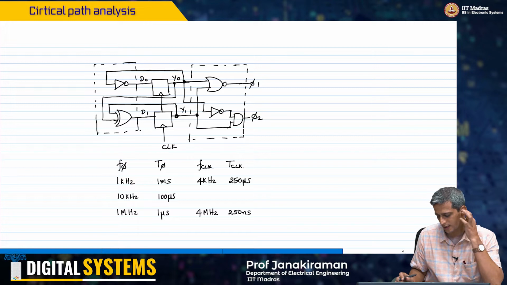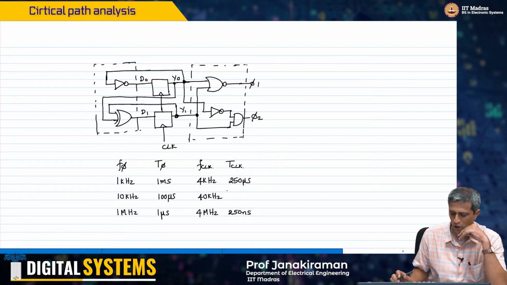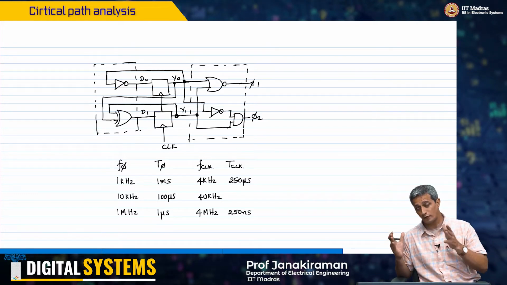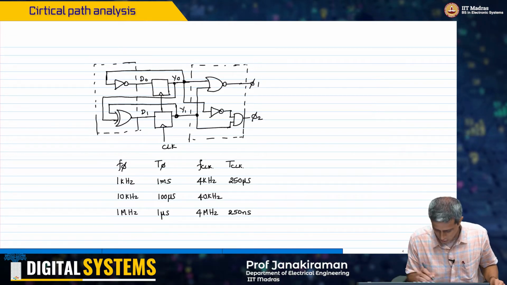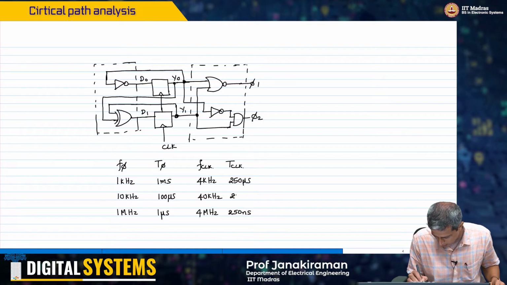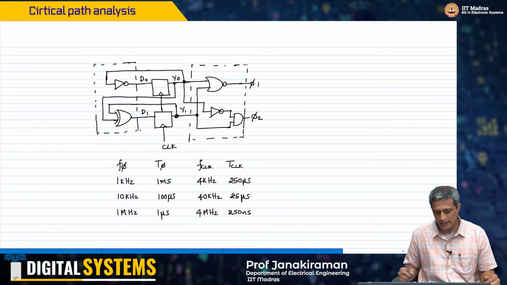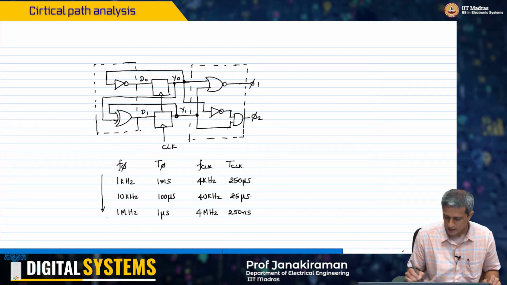F clock has to be 40 kilohertz, and the time period of the clock has to be 1 by 40 kilohertz. So what is that going to be? It is going to be 100 by 4, so this will be 25 microseconds.